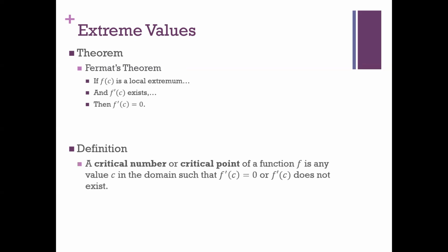Another valuable term to know here is a critical number. Let's revisit the two things we talked about where local extremes can be. When we're looking for local extreme points, what two things are we looking for?